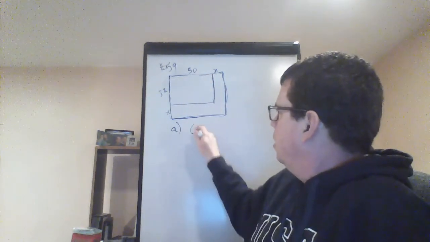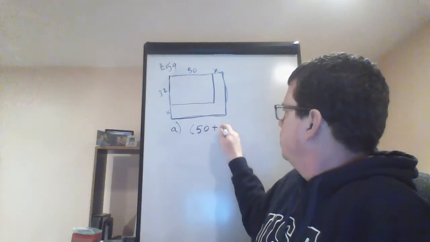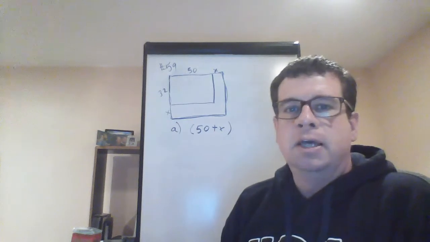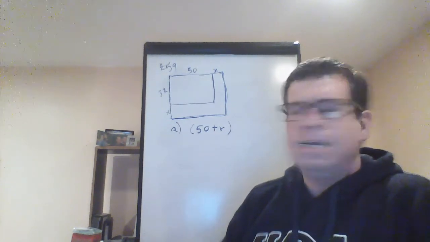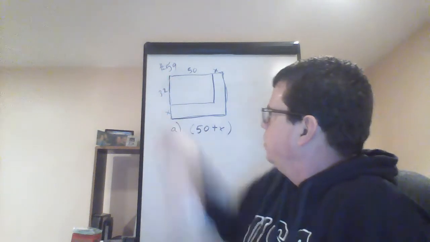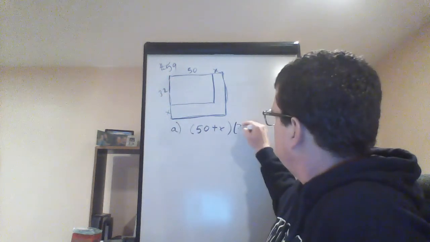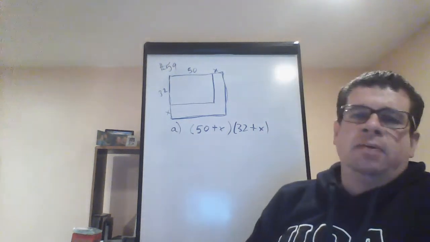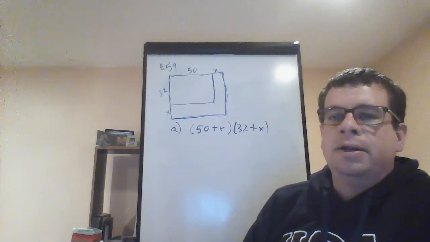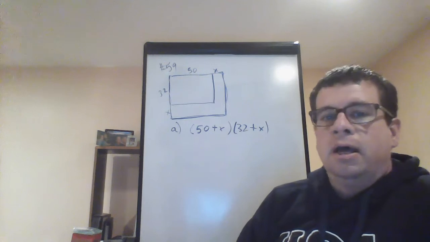And again, area of a rectangle, base times height. The height of this thing would be 32 plus x.